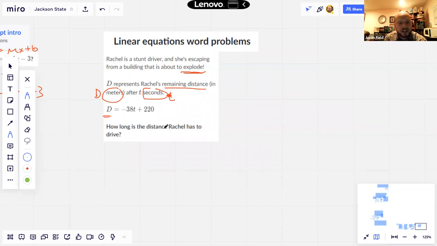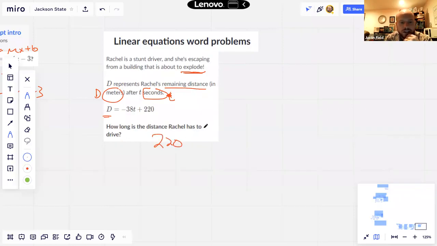So how long is the distance Rachel has to drive? That sounds like the y-intercept, right? The distance remaining, well, if 0 time has gone by, that would be all the distance remaining. And so what is that? It's 220.